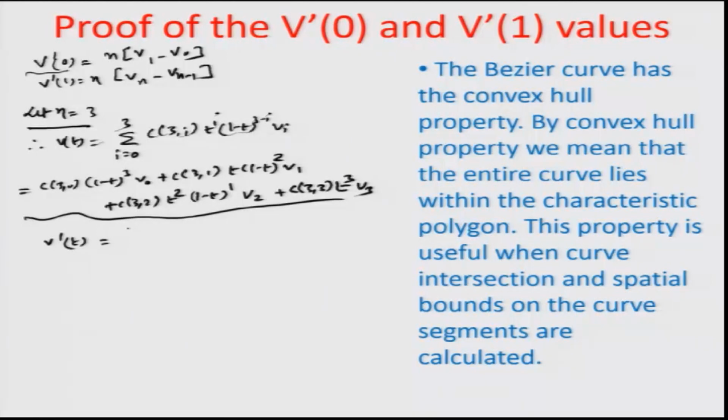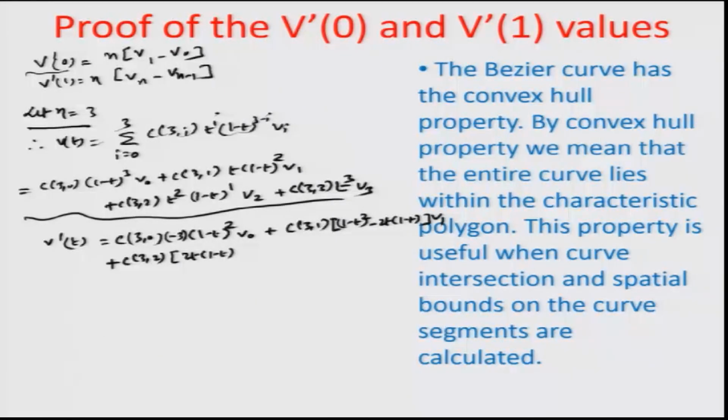If I just differentiate, this is actually C(3,0) times minus 3 times (1 minus t) squared V0, plus C(3,1) times (1 minus t) whole squared minus twice t (1 minus t) times V1, plus C(3,2) times twice t (1 minus t) minus t squared V2, plus C(3,3) times 3 t squared V3, and so on and so forth.